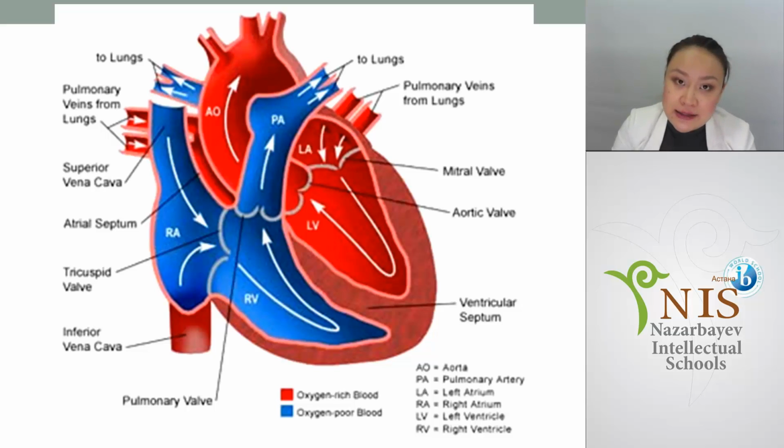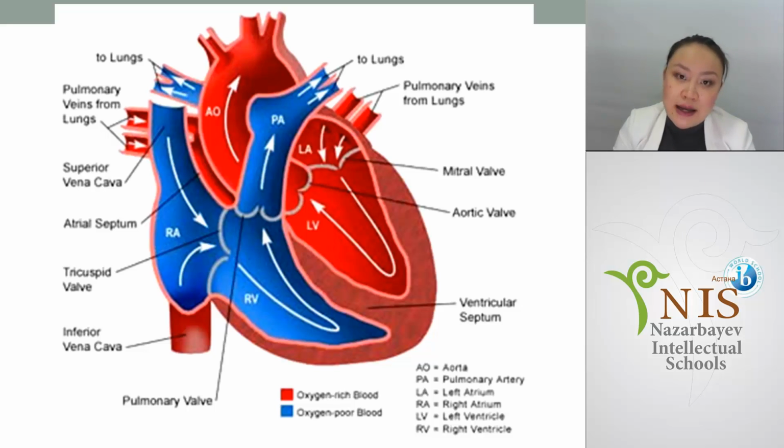This is the right side of the heart. Look at the left side of the heart. On the left side, you could also find LA, which means left atrium, and LV, which means left ventricle. Okay, I think it's clear with the ventricles.